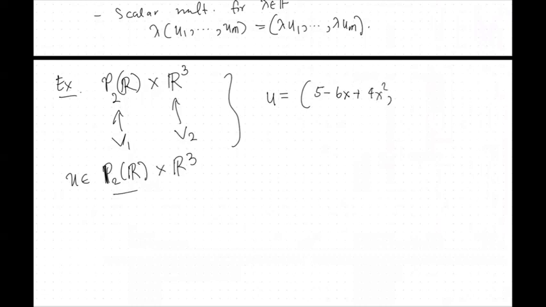This is an element of this polynomial vector space, and then the second element will be an ordered triple. So we just have, like, 1, 2, 3. So this one is an element of this, an element of this one.